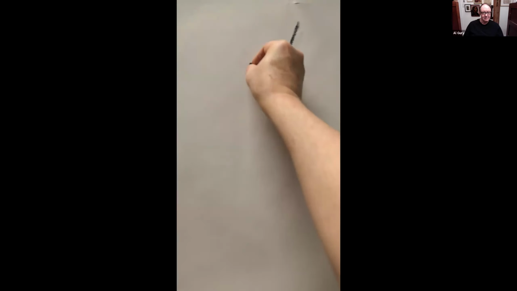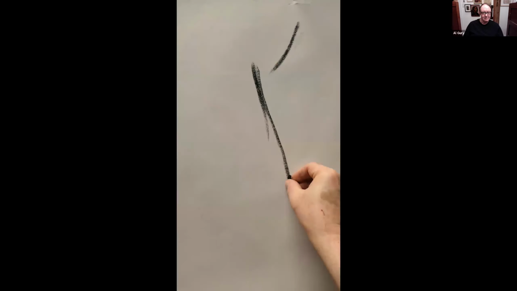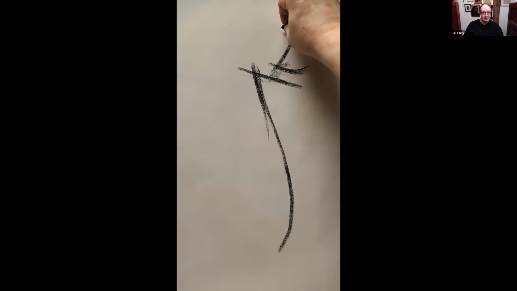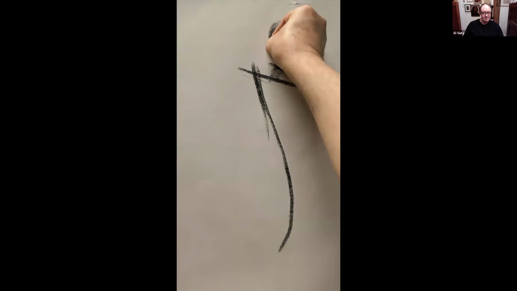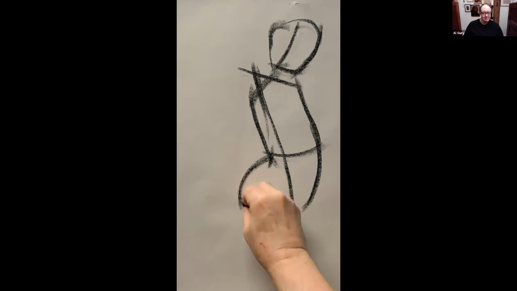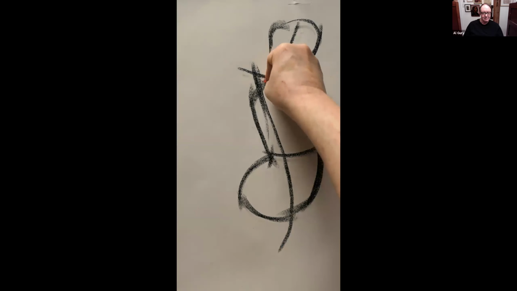Starting with the general layout of the figure, doing a light sketch of the contrapposto of the torso. This is the pelvic block. And from this, we will find the movements of the arms.